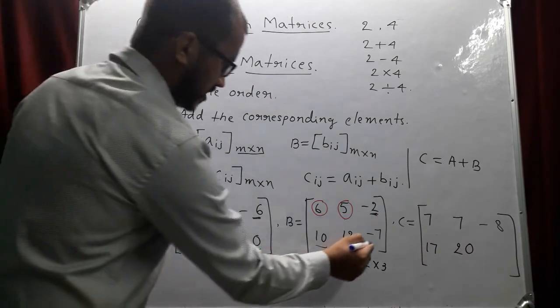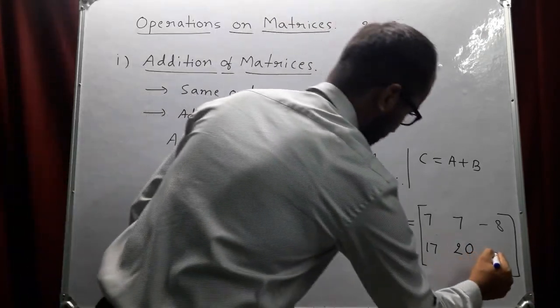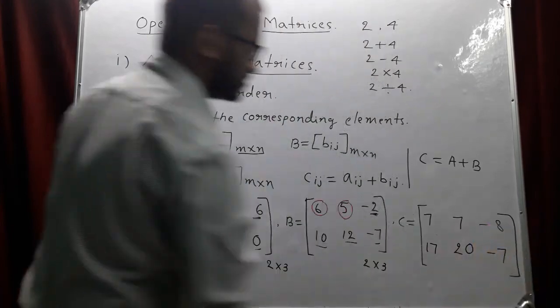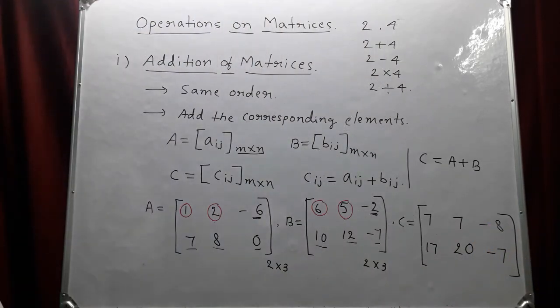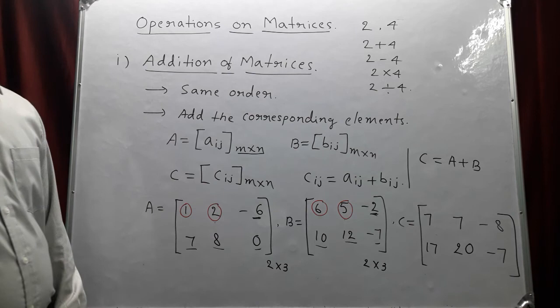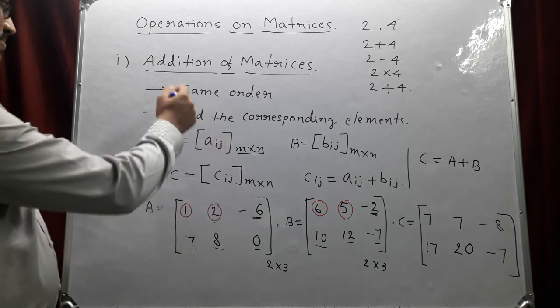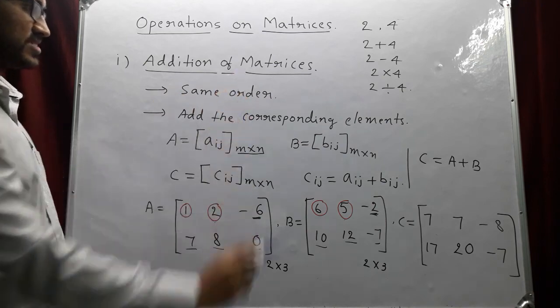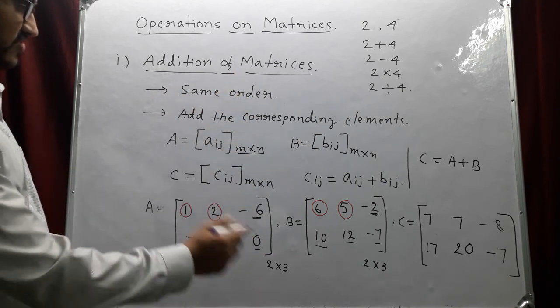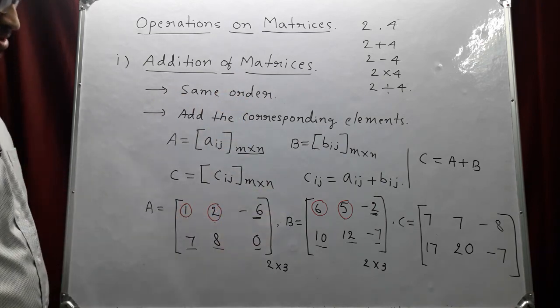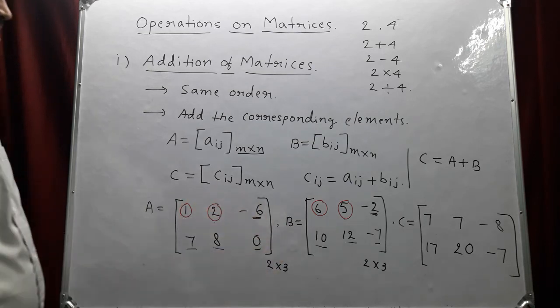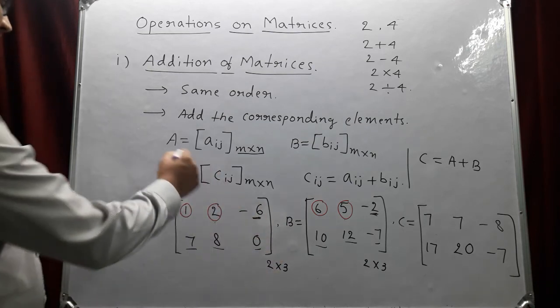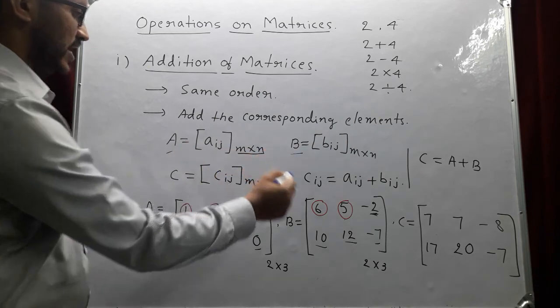Similarly, 0 plus minus 7, that is minus 7. So like this we are going to add the given matrices. You have to remember these two things. One is they should be of the same order. Second one, any element is obtained by adding the corresponding elements of the given matrices, that is A and B.